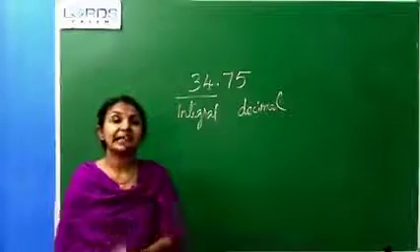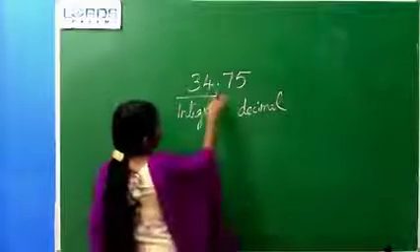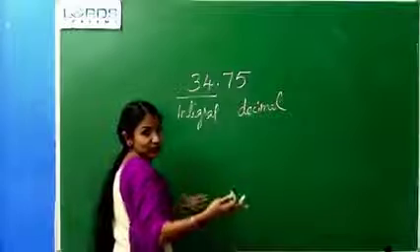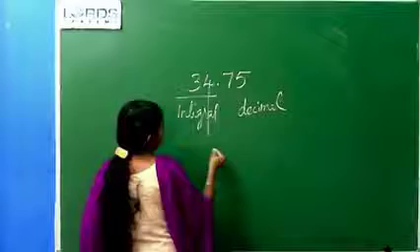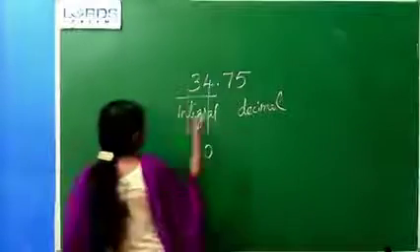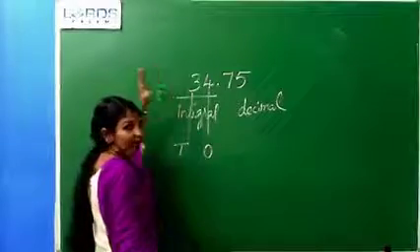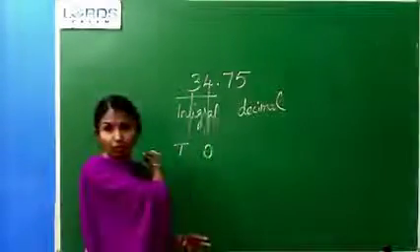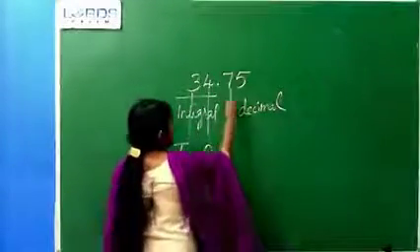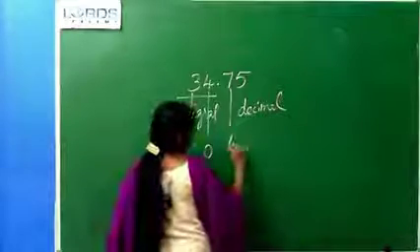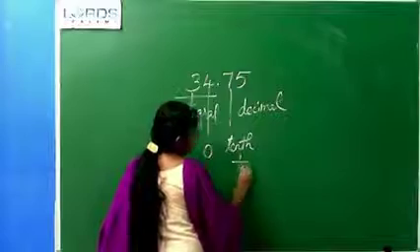Now how can we say the place values of this? In the integral part, as we studied in the lower grades, the first one is ones, the next one is tens, and the next ones are 100, 1000, 10,000, and it will go on. On the other side, in the decimal part, the first one is tenth, or we can say 1 by 10.